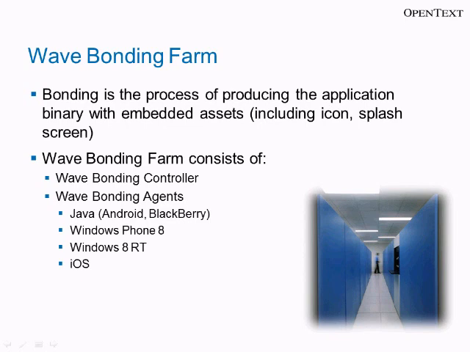That could be Java for Android and BlackBerry, Windows Phone 8, Windows 8 RT, which is the version for the tablets, and iOS. In the OpenText cloud, we will simply have all the bonding agents that we have created running, so you don't have to worry about any of the hardware or other requirements.